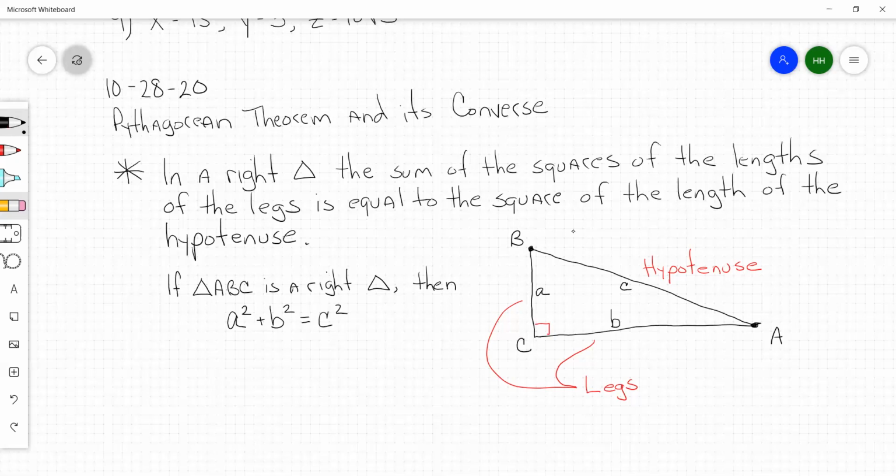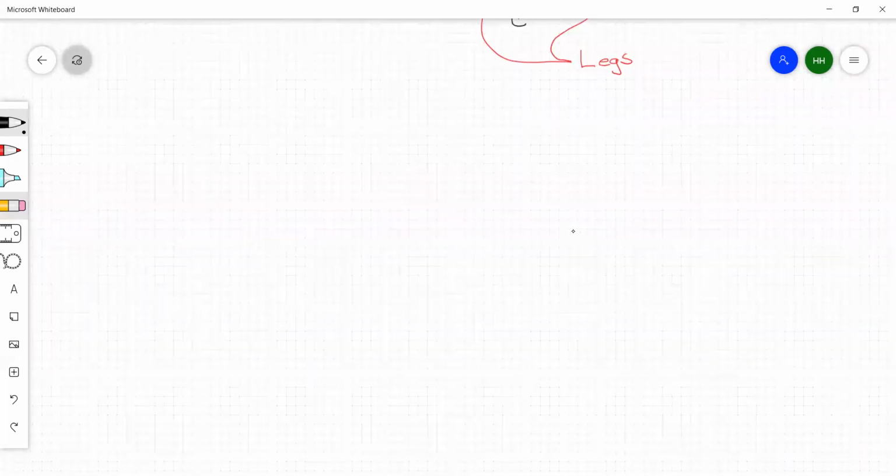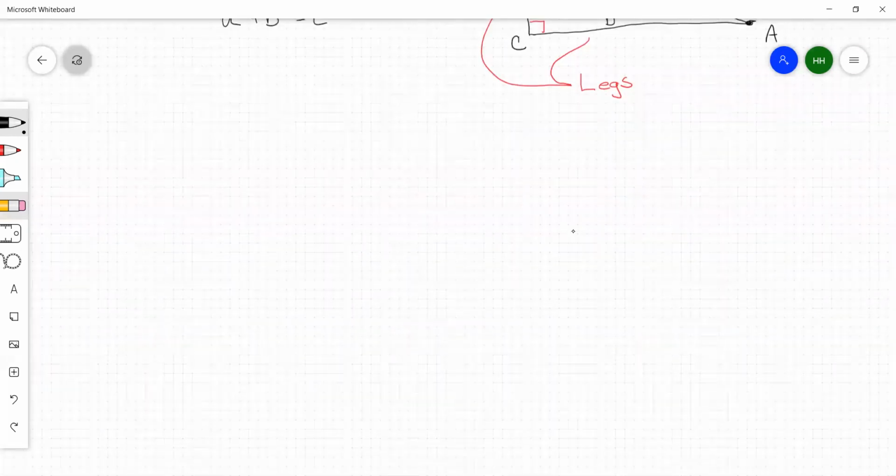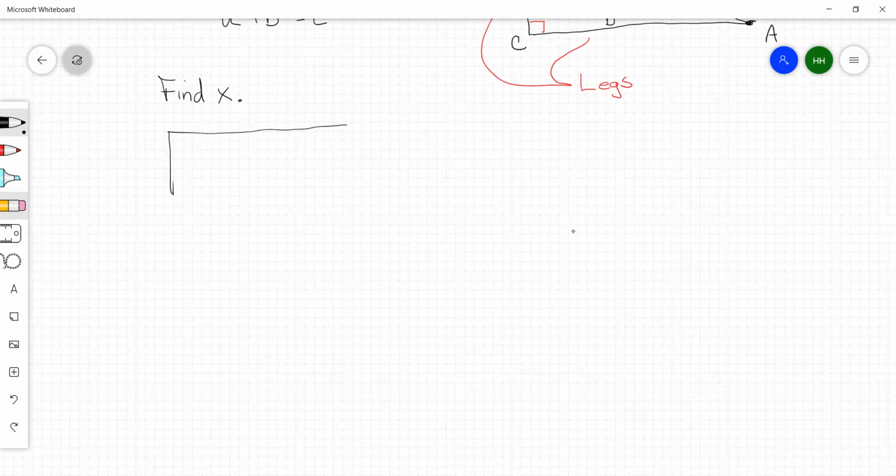So what we're going to be doing today is we're just going to be finding missing side lengths in triangles. So right here for the next couple problems, we're going to find x. Ready? Find x. So here's a right triangle.